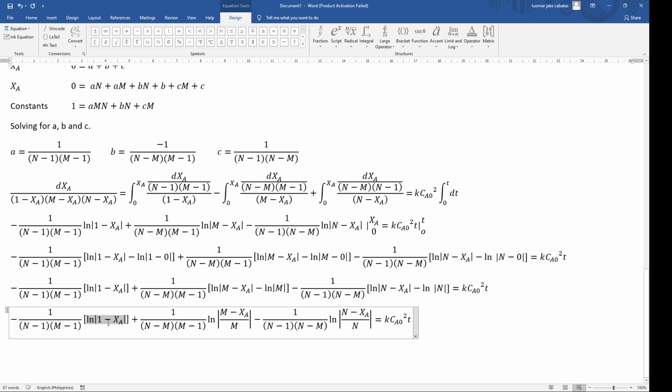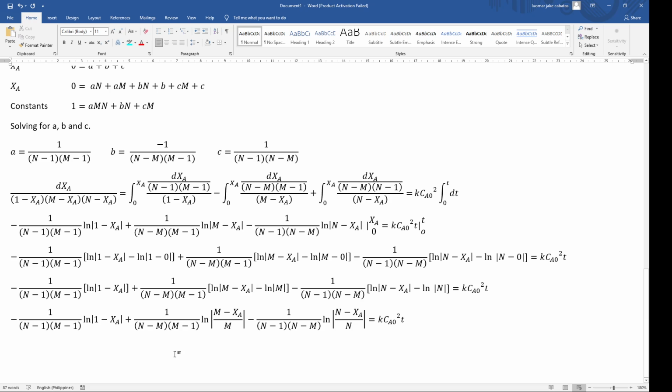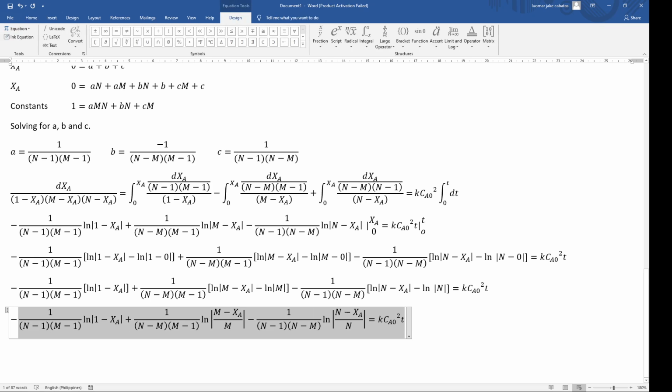So very kataas na equation. There. So all we need to do here is prove that we have indeed achieved the right equation that is stipulated in Levenspiel.